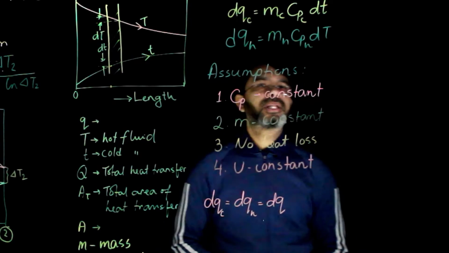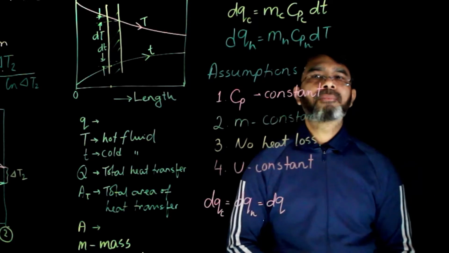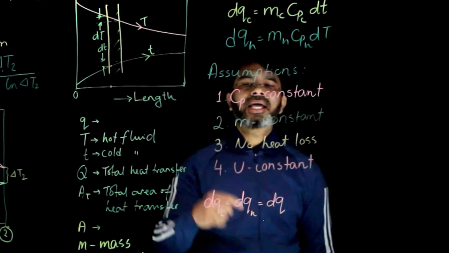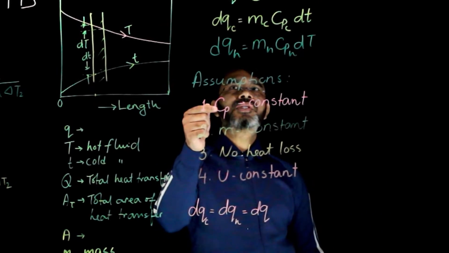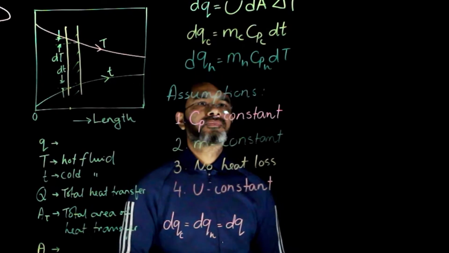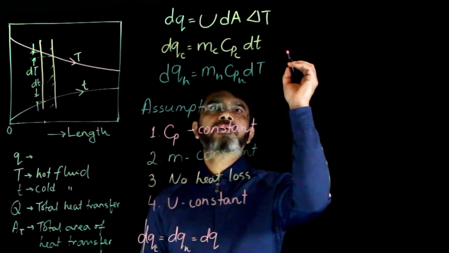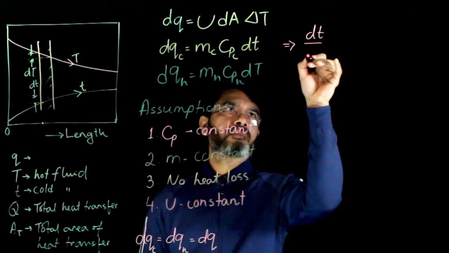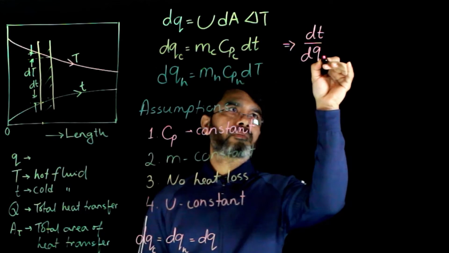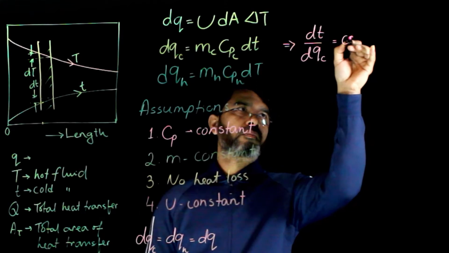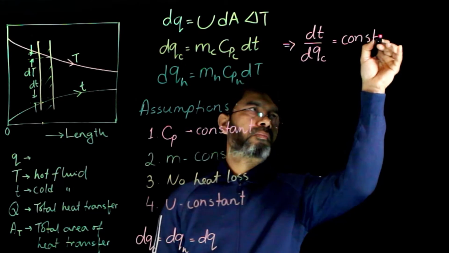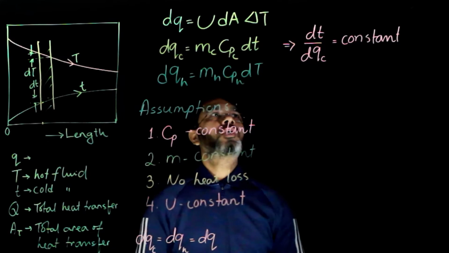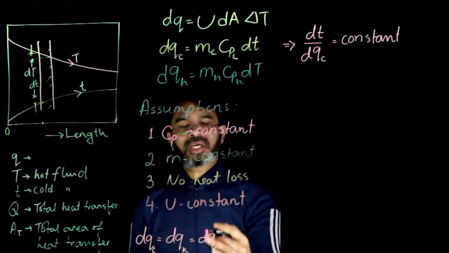So the heat given up by the hot fluid is taken by the cold fluid, and that equals dq. Now if I take both m and Cp to be constant, I can write for this case dt over dqc to be constant, and qc equals q.